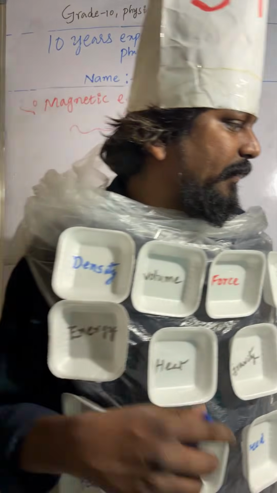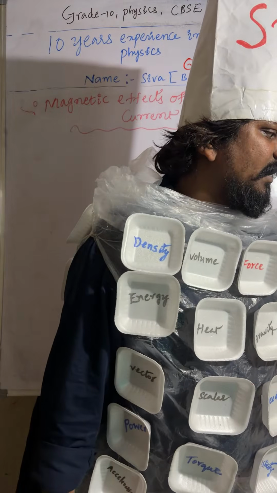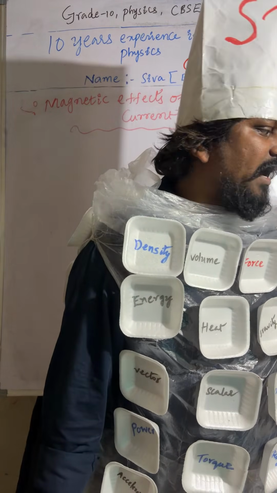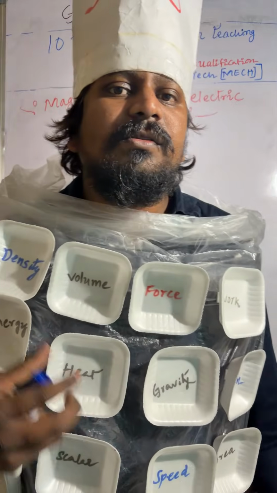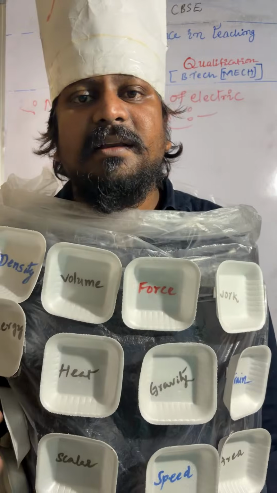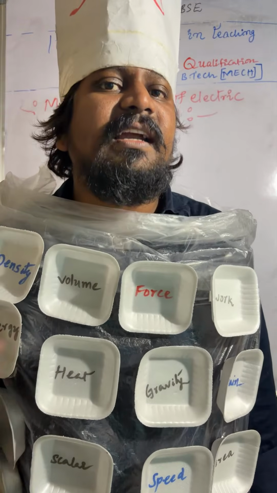Here you can see magnetite. Magnetite is a natural magnet which occurs from the earth's crust, also called lodestone. Lodestone means a leading stone.